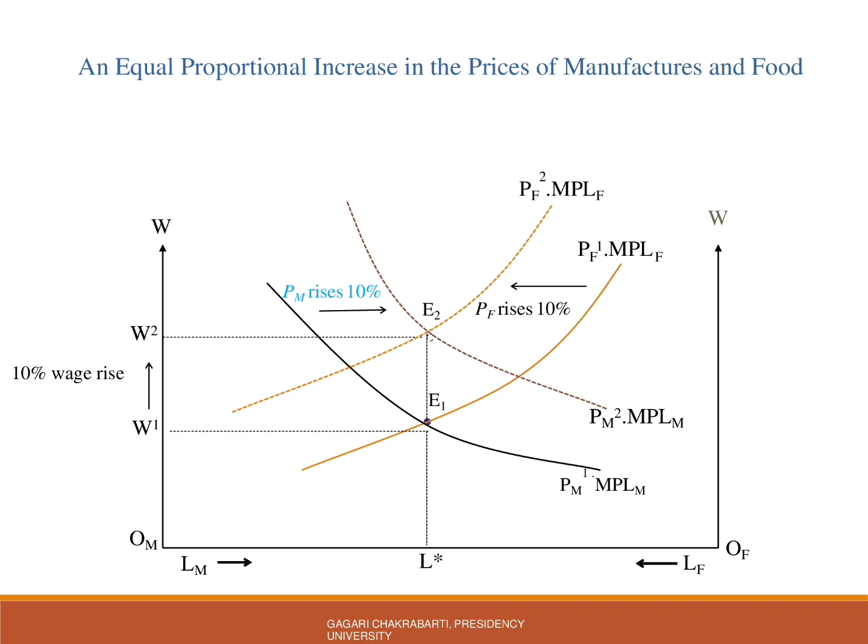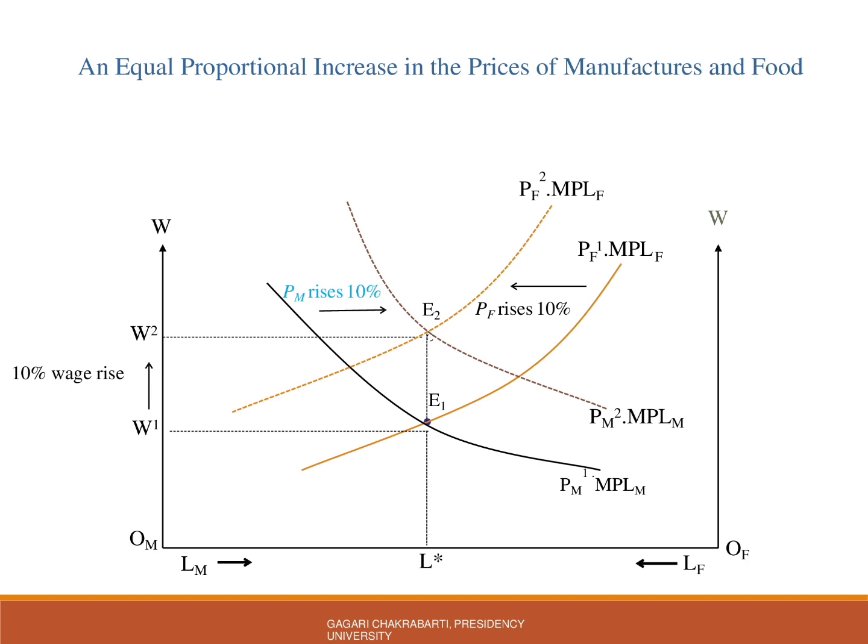And the marginal productivity of capital is nothing but the real return to the capitalists in the manufacturing sector. But here, what has happened? The labor in the manufacturing sector is unchanged. So therefore, the marginal productivity of capital will remain unchanged. The real return to capital owners will also remain unchanged.